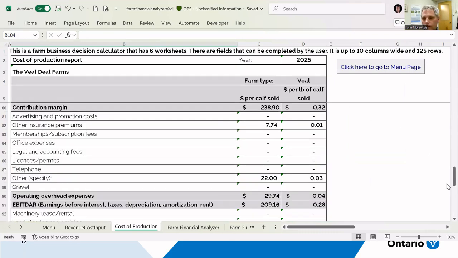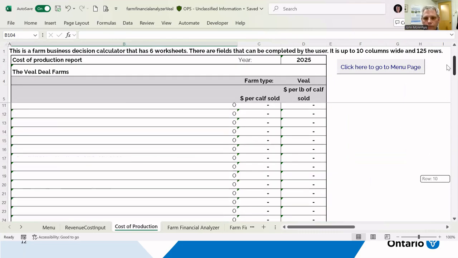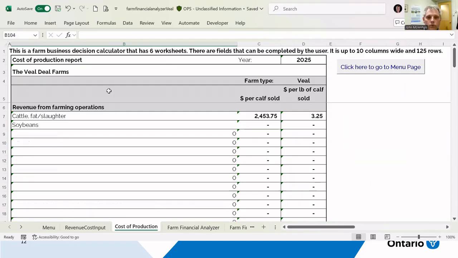And then it goes through the cost of production report. So it basically takes everything you entered in the other section, but puts it on a dollar per calf sold basis, and then dollar per pound of calf sold. So these are the numbers, but you see here it does pick up the soybeans, but there's no income associated with the soybeans in the veal operation, so it's zeroed out there.